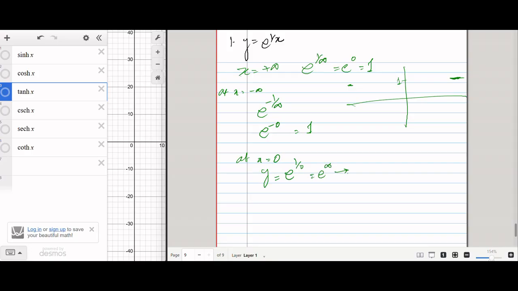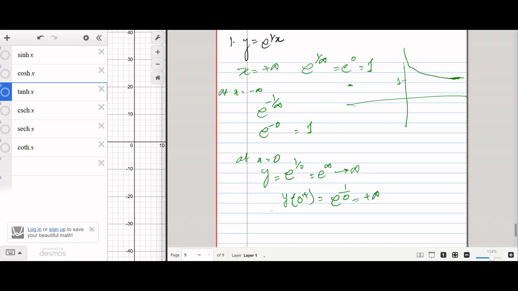Since it diverges at x equals 0, we'll calculate what happens at 0 plus and 0 minus also. At 0 plus, just above the x equals 0 line on the right hand side, it's plus infinity, so it goes like this.